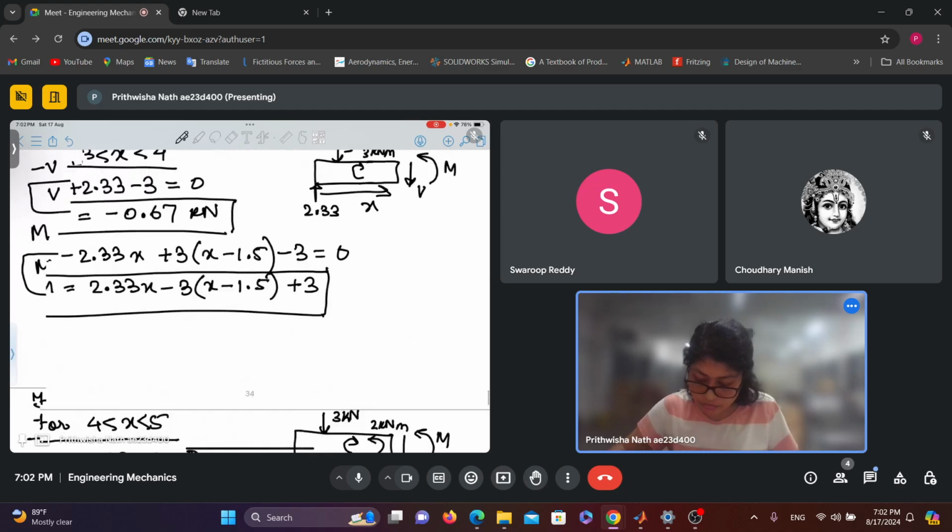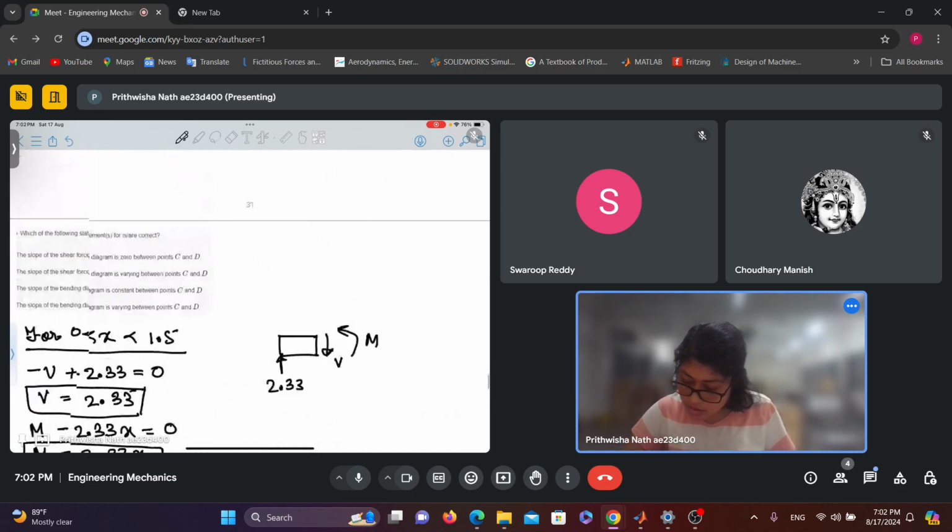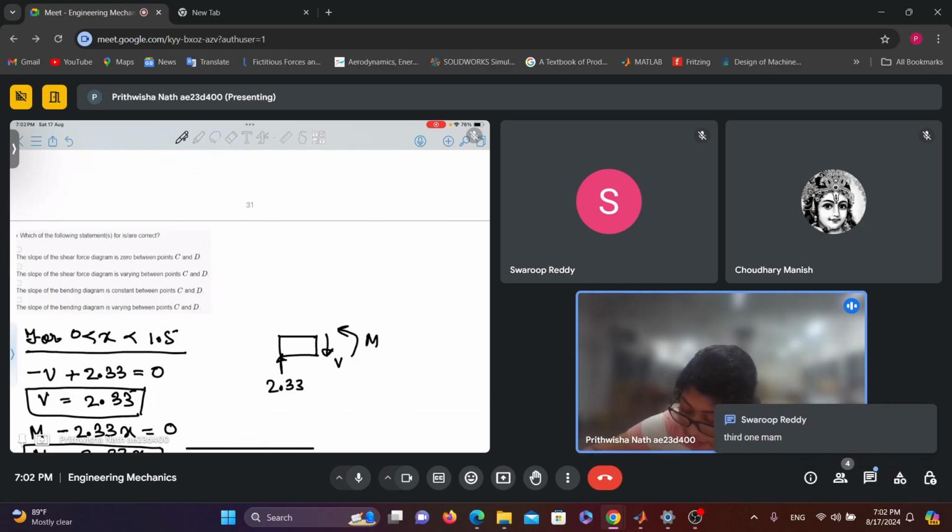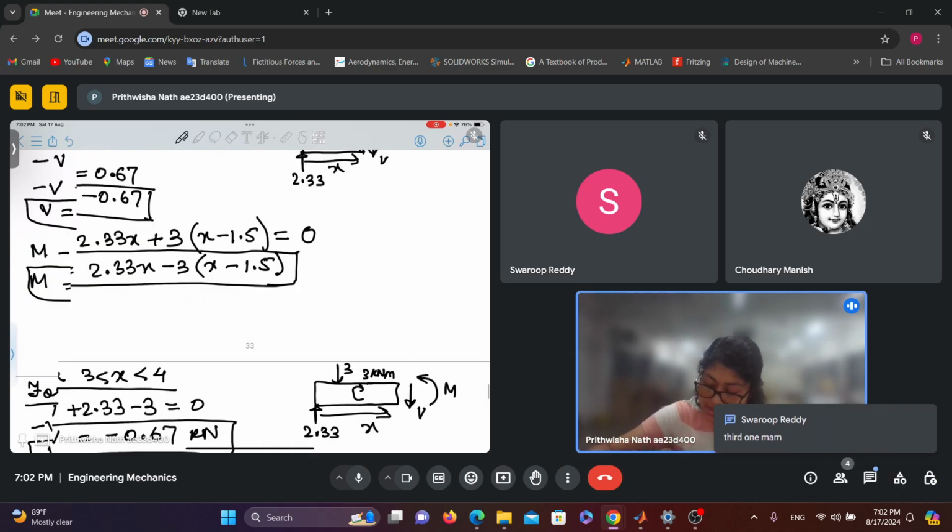Now, so then can you tell me which one is correct? The slope of the shear force diagram. Which option is correct? It is 0 between C and D, right? See, SFD you can see.